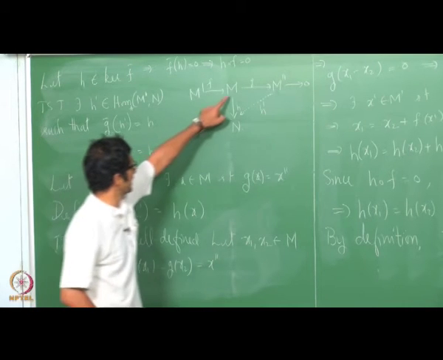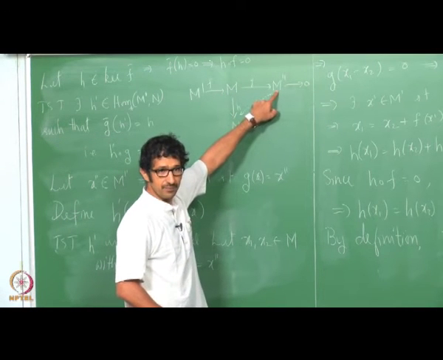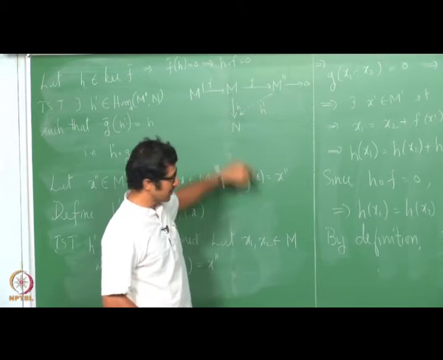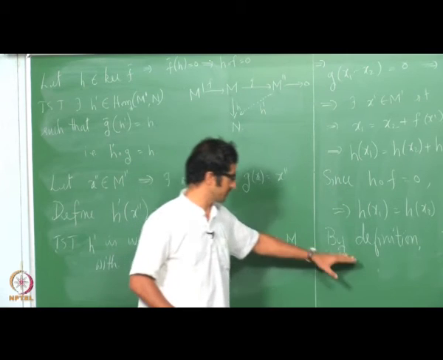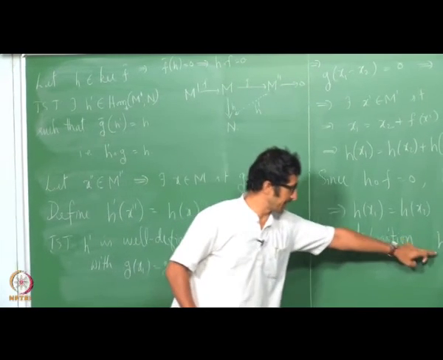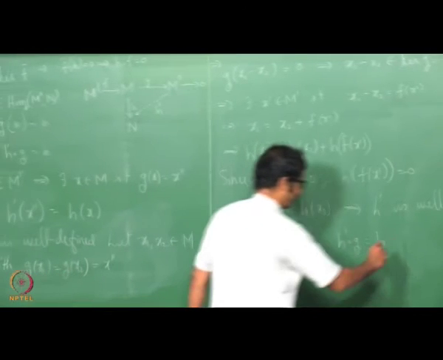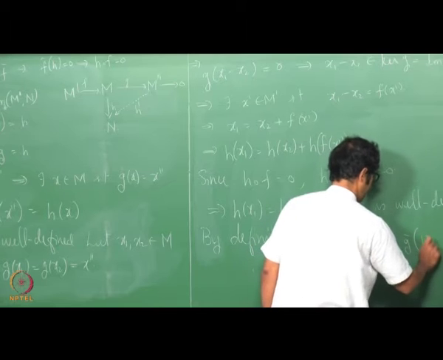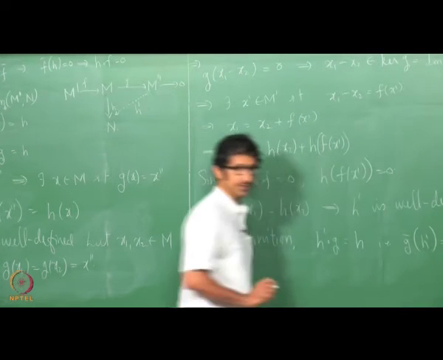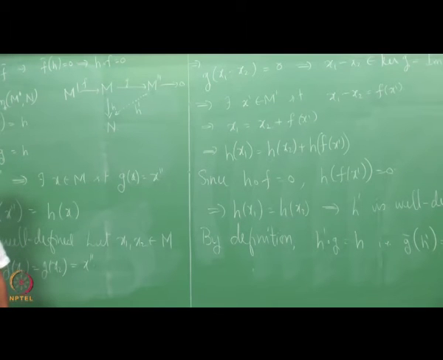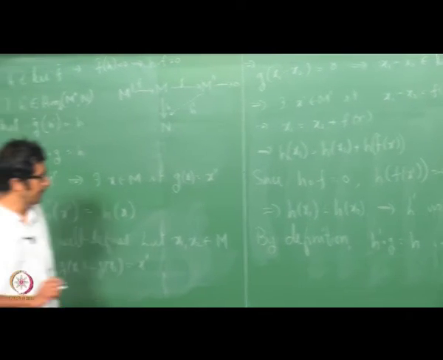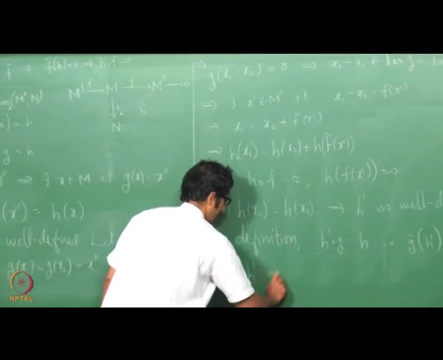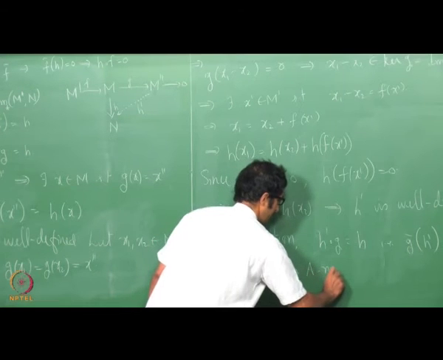If I take any element here, go here, then by definition we have defined it that way. So, therefore, or by construction whatever you say, H prime composite G is H, or in other words G bar of H prime is H. But still we need to show that H prime is an A module homomorphism.